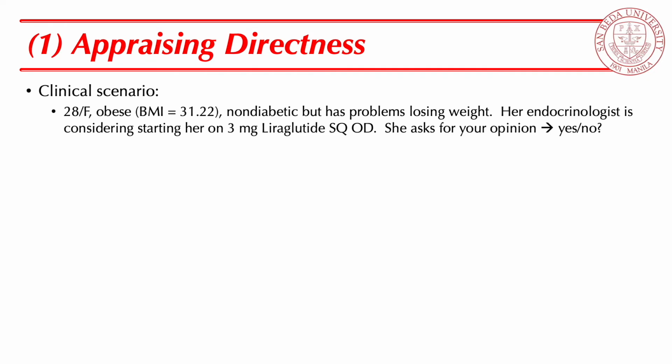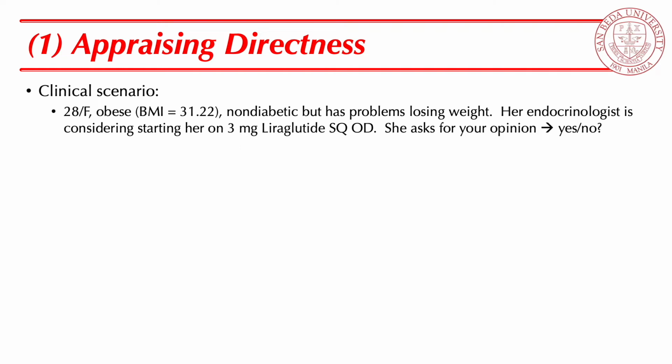Now let's go back to the obese patient from earlier and use the clinical situation as an example. The clinical scenario is you have a 28-year-old obese female with a BMI of 31.22 and without any history or diagnosis of diabetes mellitus. Despite non-pharmacologic measures to lose weight, she is having a very hard time attaining the recommended weight loss goals.